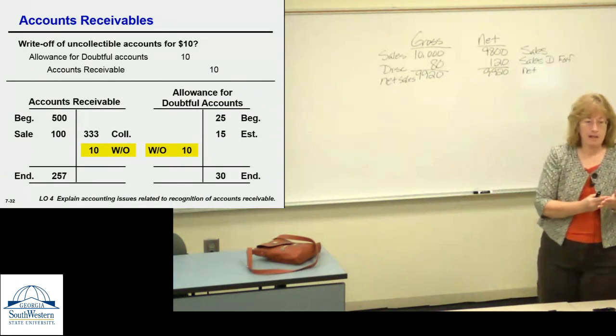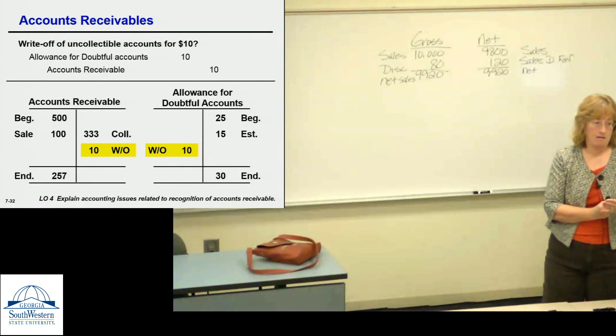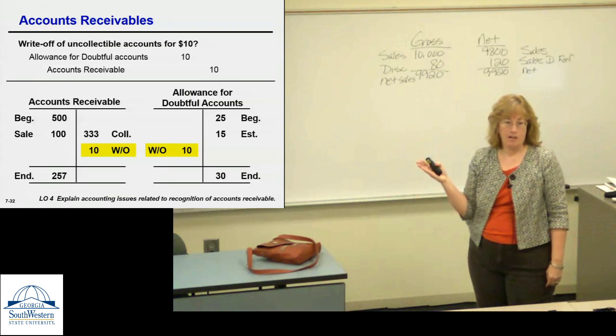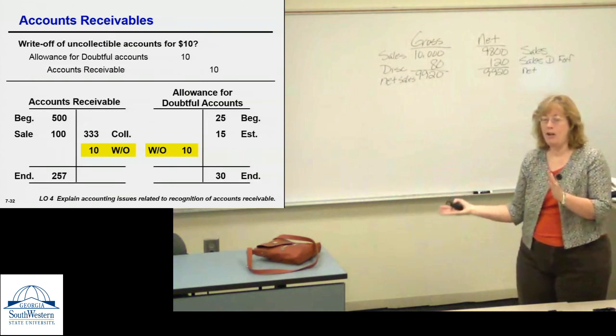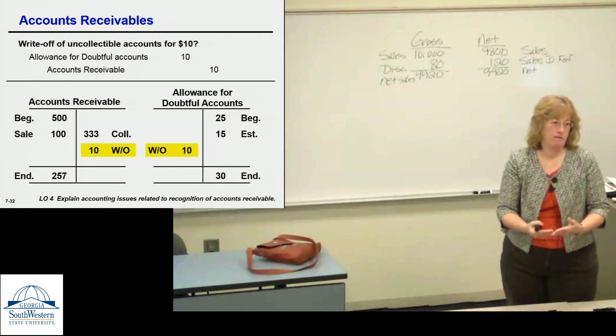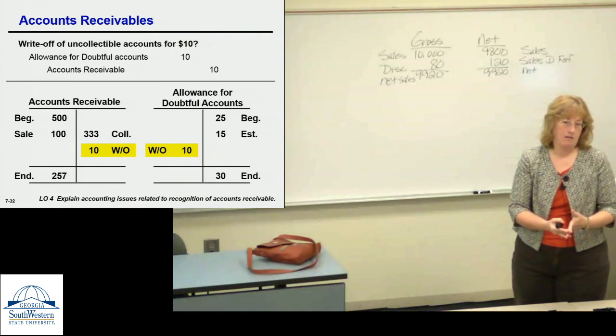Now he comes back to pay your $10 debt, right? But you don't have him listed in accounts receivable, right? So what do you have to do? You have to reverse the write-off and then record the fact that he paid, okay?